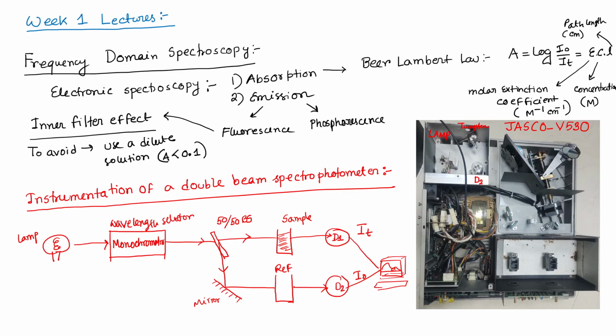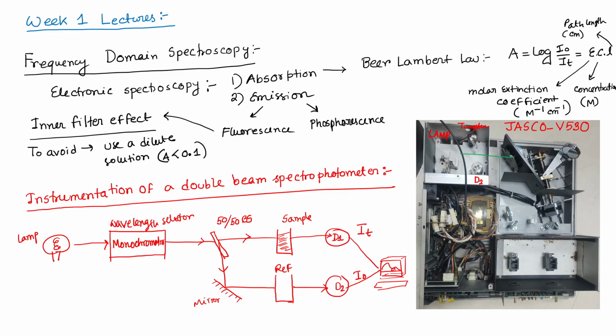This will reflect the UV, and this will reflect the visible part, depending on the angle. Now you may not be able to see this part, so let me use a pointer. This is your deuterium lamp, this is the tungsten lamp. Depending upon the excitation range, the mirror will change its position, and that particular excitation light will come from here. Suppose the light comes from here.